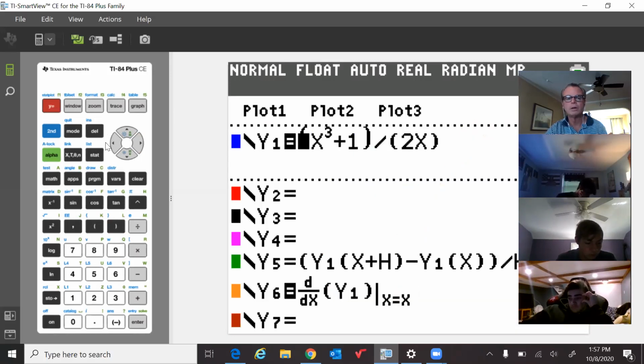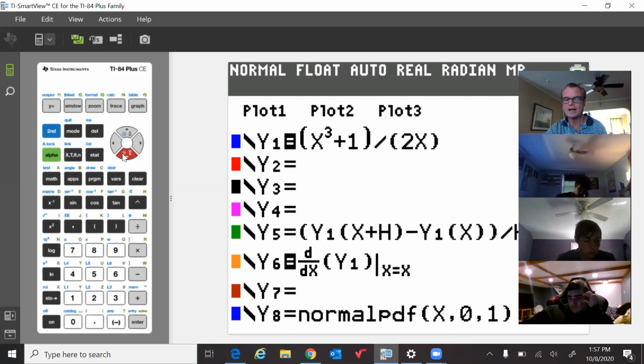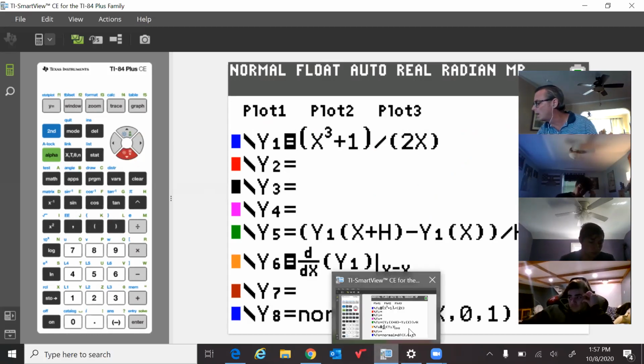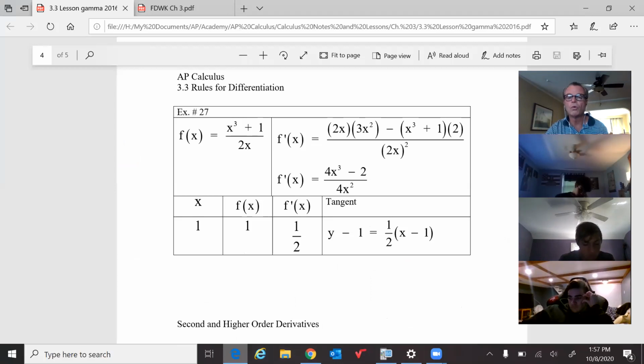Back here, see if our answer matches what we got on the calculator. So our answer was 4x cubed take away 2 over 4x squared.